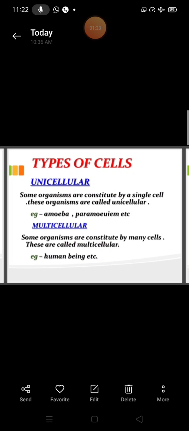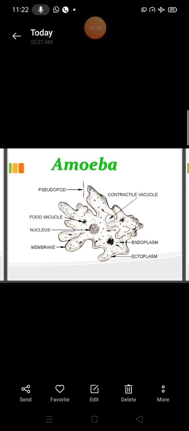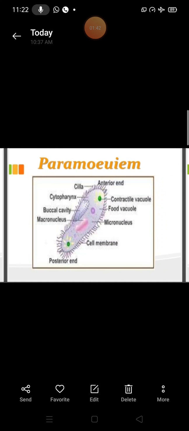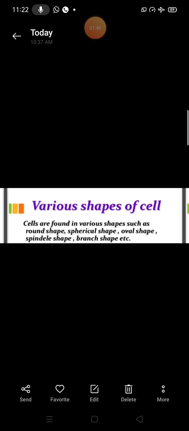According to the number of cells, all living organisms are classified into two types, namely unicellular and multicellular. Some examples of unicellular organisms are amoeba, paramecium. We know that a cell has different shapes and sizes.